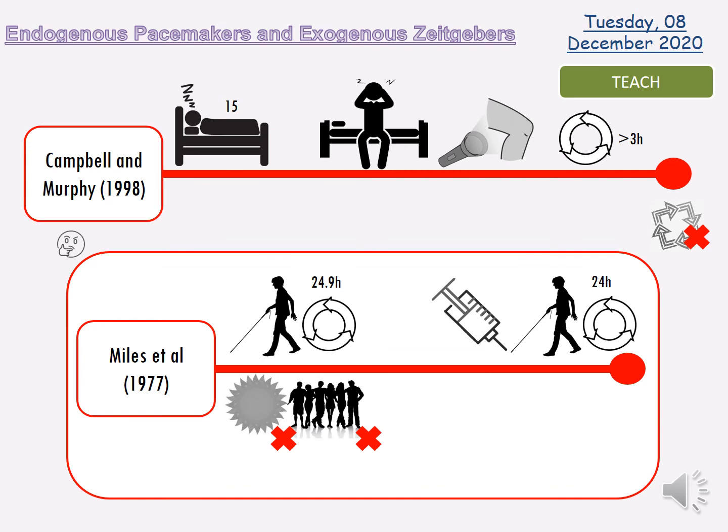It required medical injections to adapt the person's sleep-wake cycle to 24 hours, so to essentially get rid of the 0.9 hours to make sure that he was in synchronization with the day. So the light situation related to the knees isn't applicable to the Miles et al. study, which suggests that you can't replicate the results of the above. So that is the contradictory study of Miles et al.